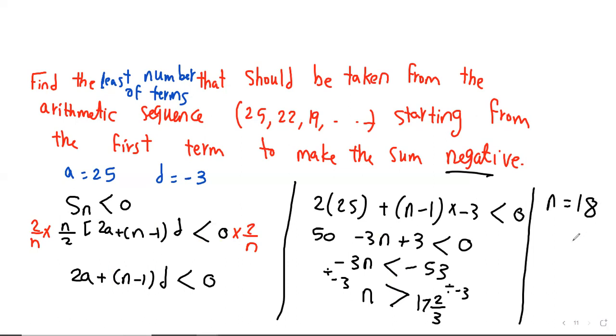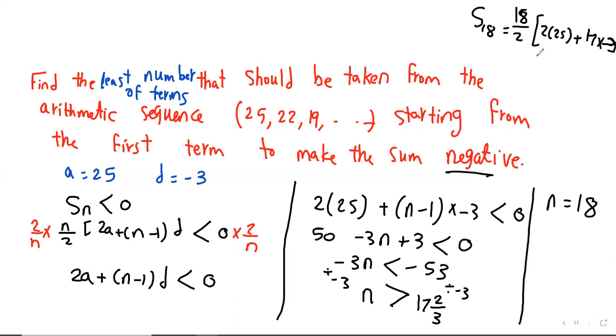So the least number of terms that should be taken, starting from the first term, to make the sum negative is 18 terms. So we need to get S18, and S18 is going to be what? It's 18 over 2 multiplied by (2a, 2 times 25, plus (n minus 1), 18 minus 1, it's 17, multiplied by negative 3).